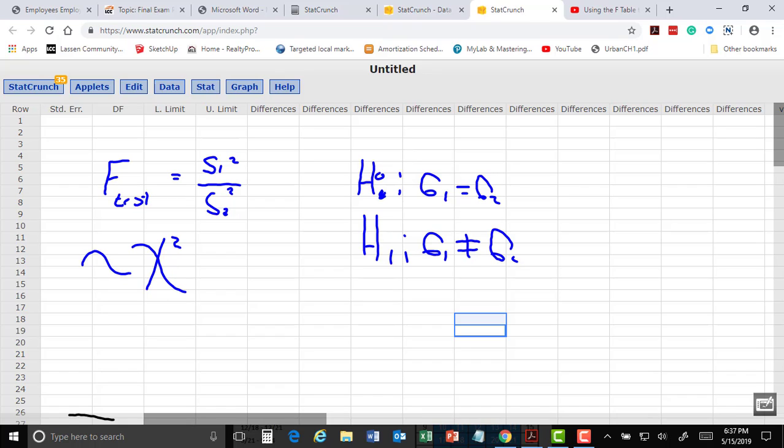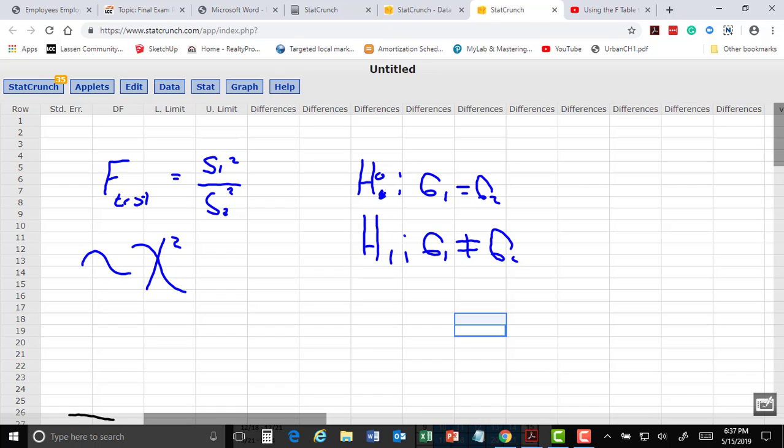Let's read the problem. Are we on number 14? Is that right? Anybody? Yes. Okay. When performing a hypothesis test for the ratio of two populations, the critical F value, notice that we have two critical values.